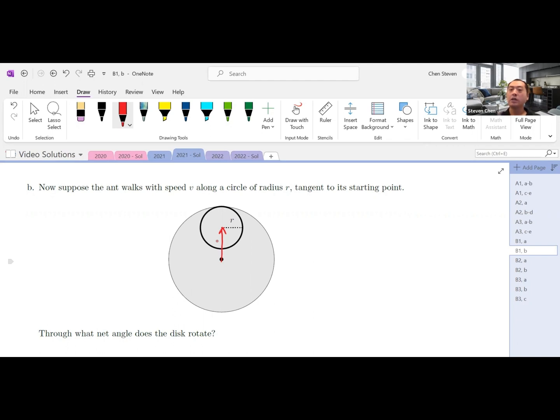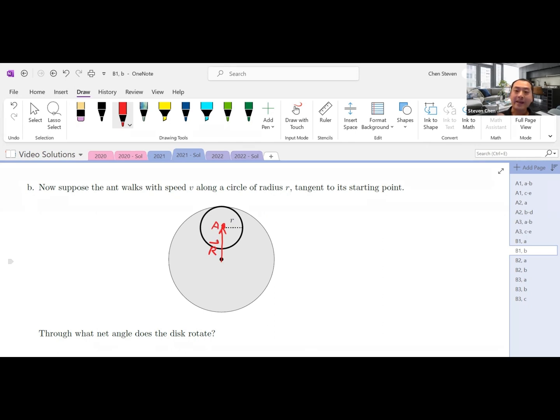Because we know that regardless of how the ant moves about this small circle, this red vector never changes. So let me call this vector capital R.